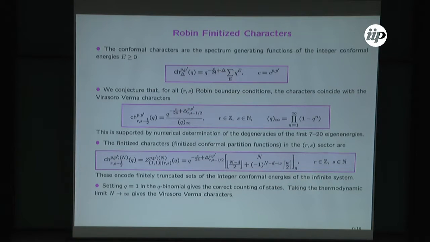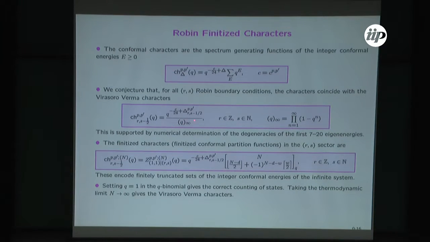But then what we find numerically is that the full character is just given by multiplying the usual term with 1 over q infinity here. And you see that this is just the Virasoro-Verma character. Which is not to say that this is the Verma module. You can have quite different representations coming in.